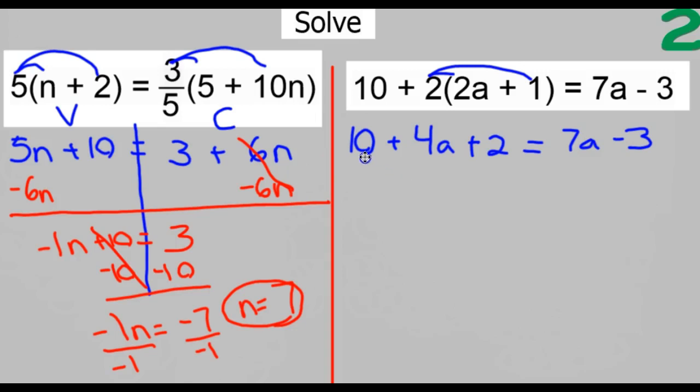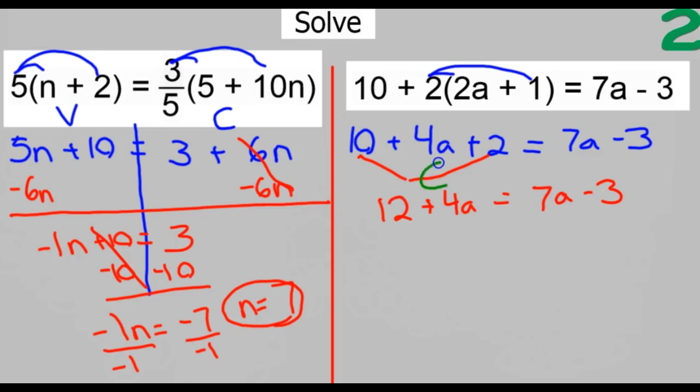Now I'm looking to see if I can combine. On this side I have two constants, so I can combine those. 10 plus 2 gives me 12 plus 4a equals 7a minus 3.